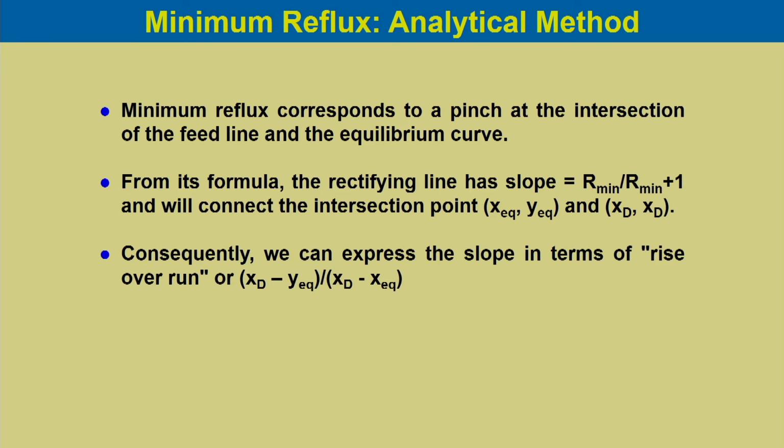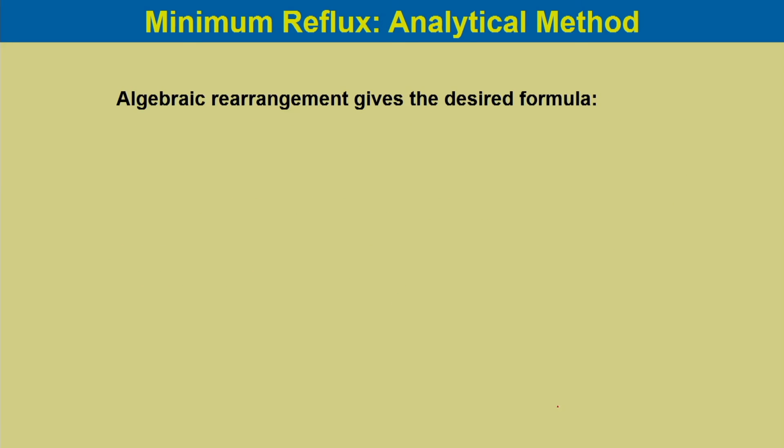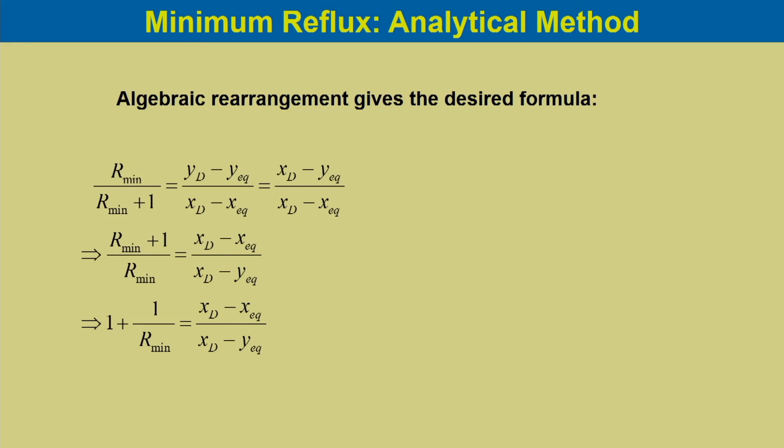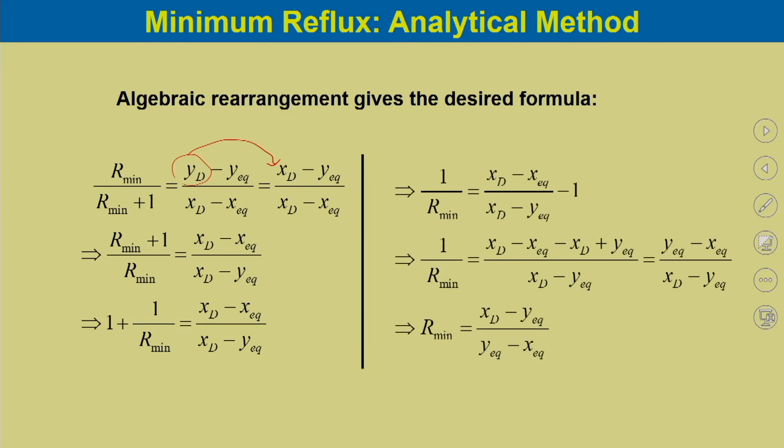Consequently, we can express the slope in terms of rise over run, that is xd minus y equilibrium divided by xd minus x equilibrium. With algebraic rearrangement, Rmin by Rmin plus 1 would be this, and we can replace with xd, because that is the point on the 45-degree diagonal.